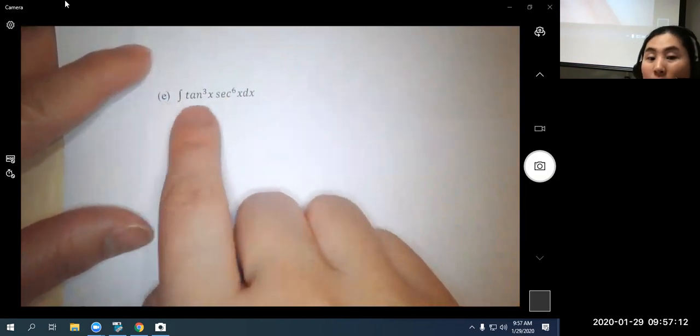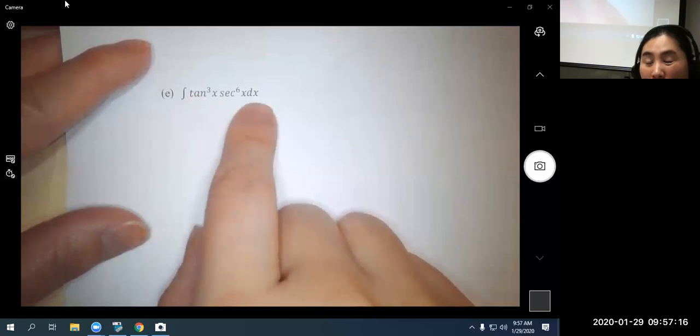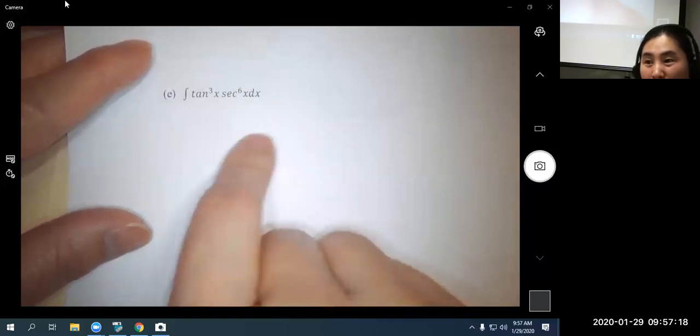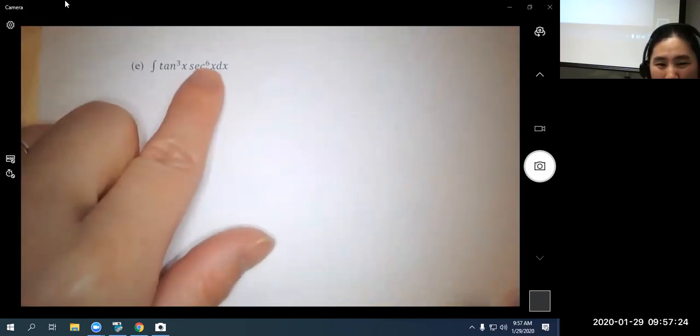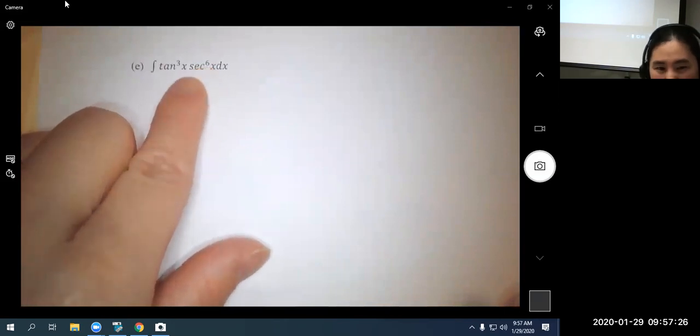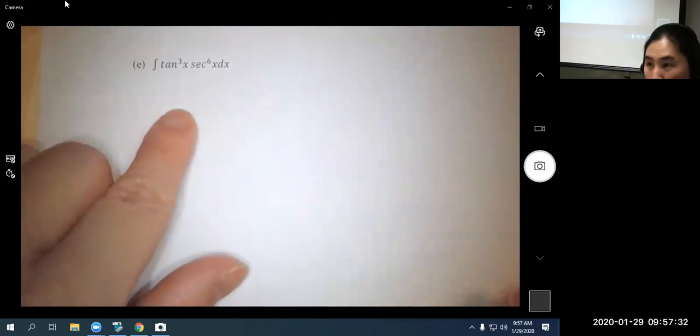I'm going to give you three to five minutes to try this question by yourself as a review of our first method. You may talk to your classmates if you want to. If the power of secant is even, split off one secant x squared and use the substitution u equals tangent of x. Give it a try.